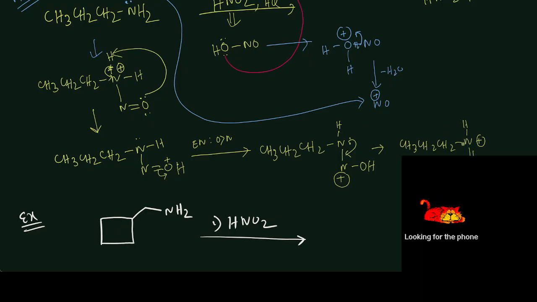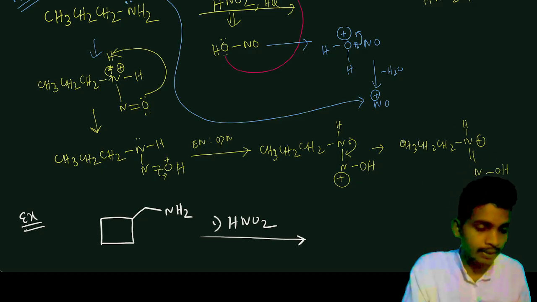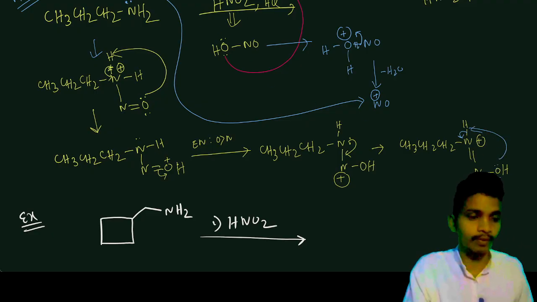Now this nitrogen again gets the positive charge, so this again takes these electrons towards itself, and this oxygen again takes this proton to it, the same step is repeated.